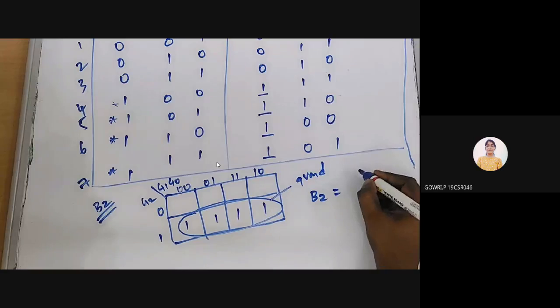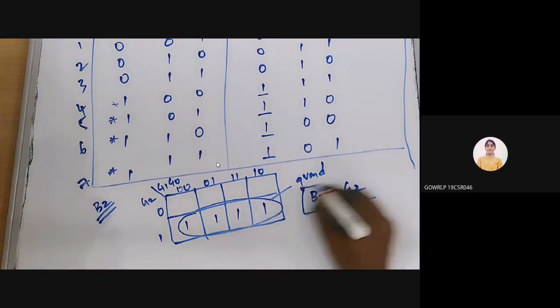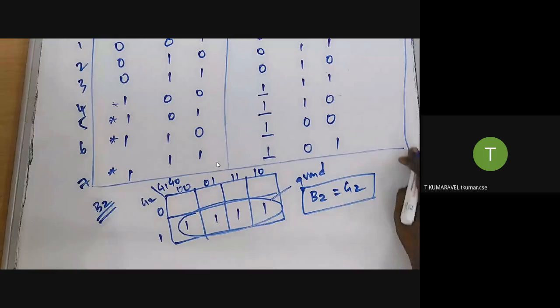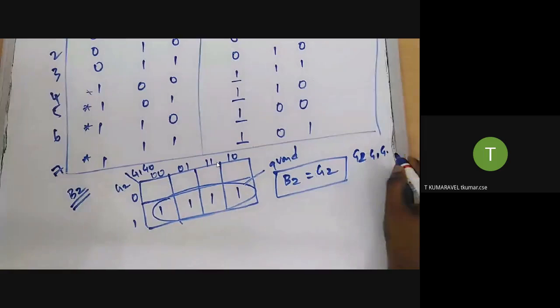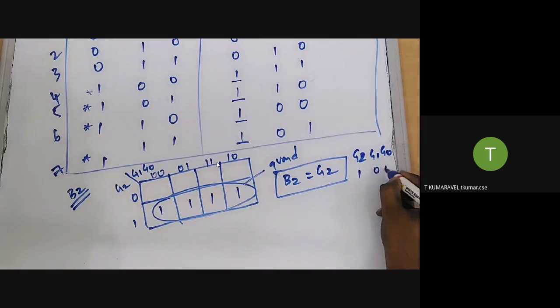G2 alone, because G1 and G0 keep on varying. So this is 1, and the rest of the variables keep on changing.